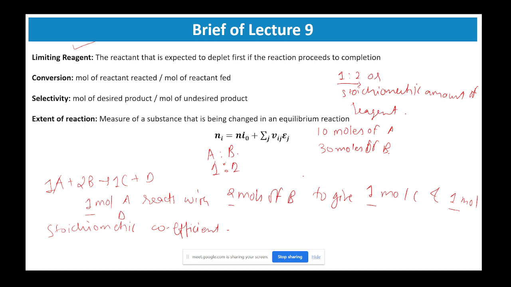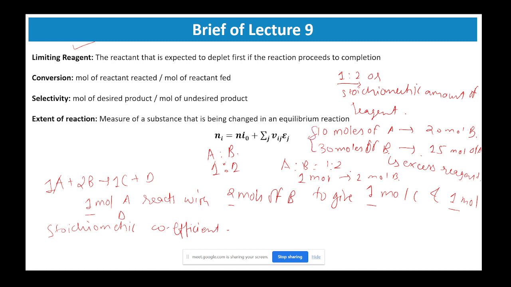Now if I check the stoichiometry, A to B is 1 to 2. So for 1 mole of A to give product, I need 2 moles of B. Now here I have 10 moles of A, so for 10 moles of A, I require 20 moles of B. And for 30 moles of B, I require 15 moles of A. So for this system, B is the excess reagent which is fed to the reactor.